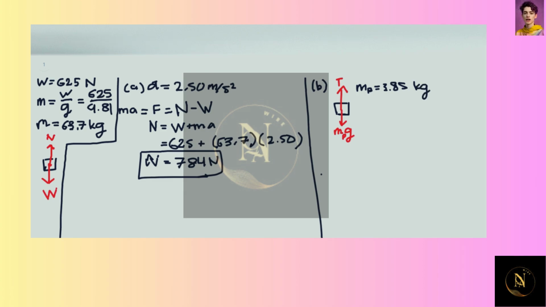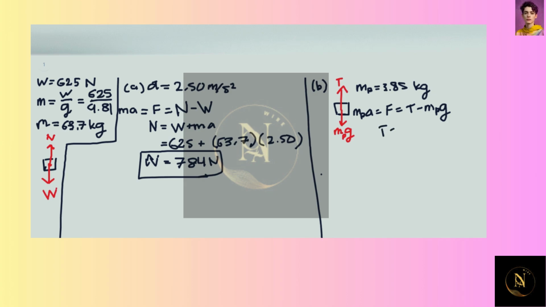It's identical physics that's holding up this package, so we can tally up the total forces from our free body diagram. To achieve that acceleration of 2.50 meters per square second, it's the tension subtracted from the force due to gravity, and it's going to give us ma, where m is specifically the package mass.